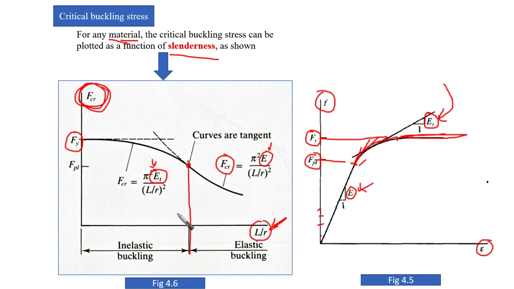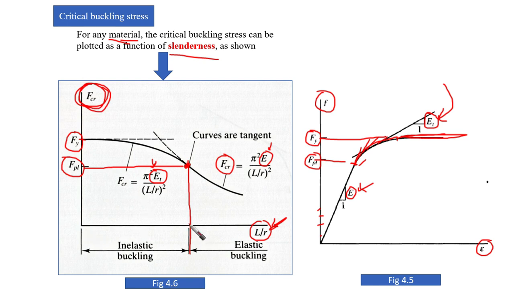Now we found that this proportional limit, which is horizontal, is related to the FPL, the proportional critical buckling stress on the critical buckling stress vertical axis.